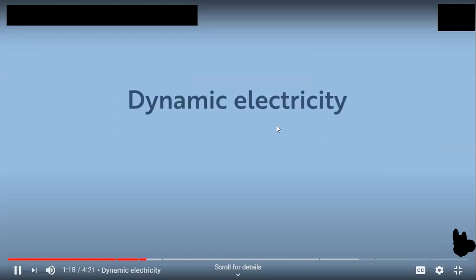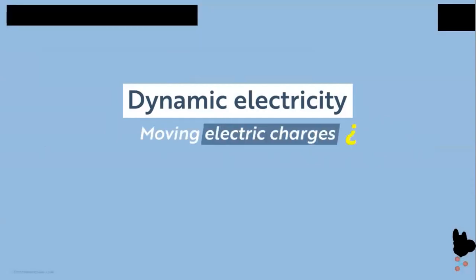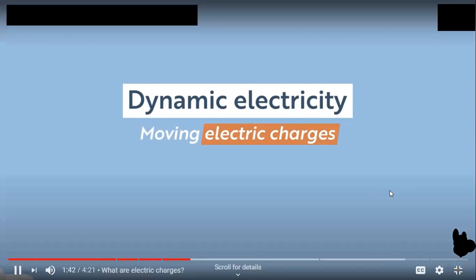The dynamic electricity, you know what the meaning of this word is? It means moving electric charge. The charge flows from one direction to another. That is the electric charge. What is the meaning of electric charge? So let's look at the meaning of the electric charge.